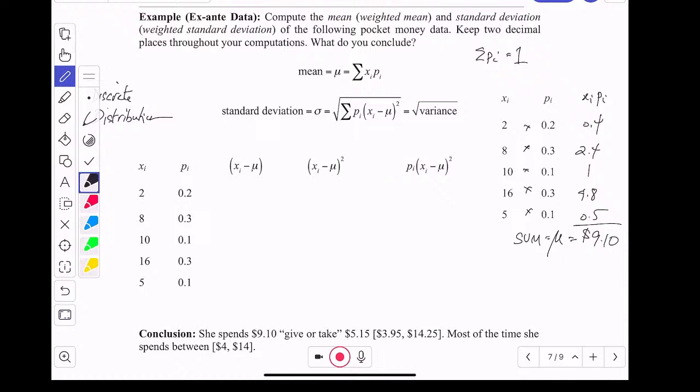So $9.10 is the average of this data, the weighted average.